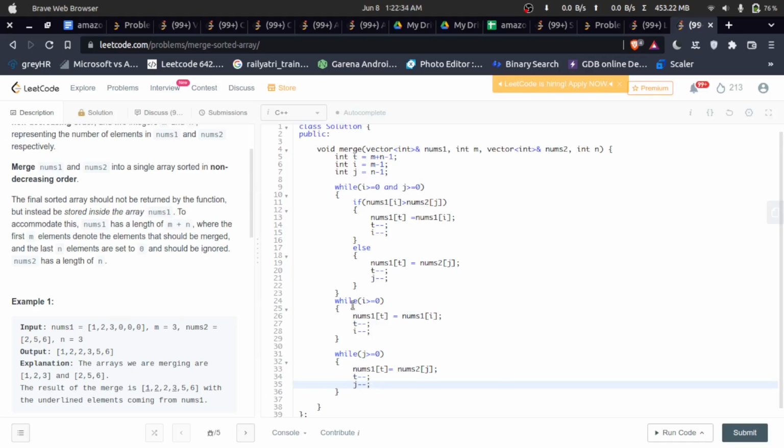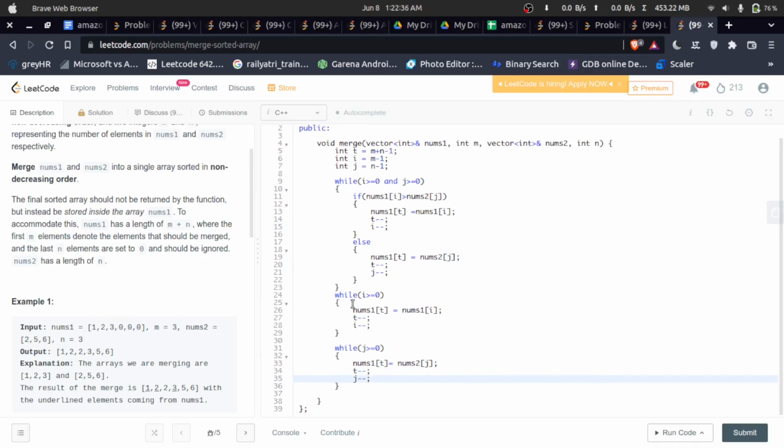This is a void function, so there is nothing to return.